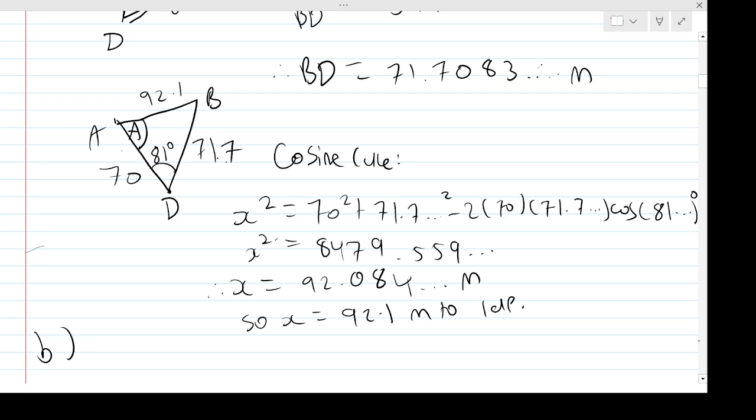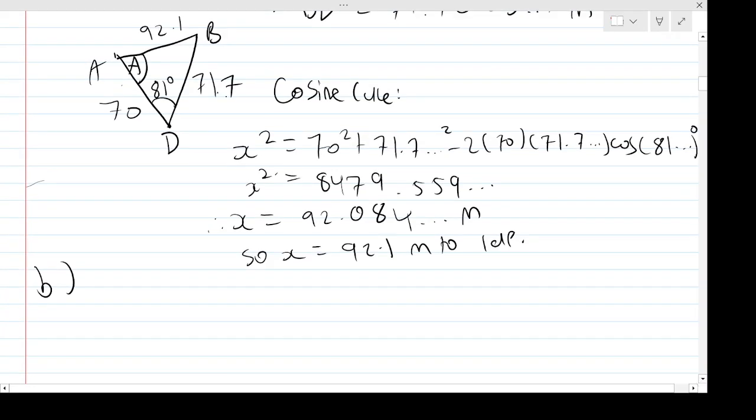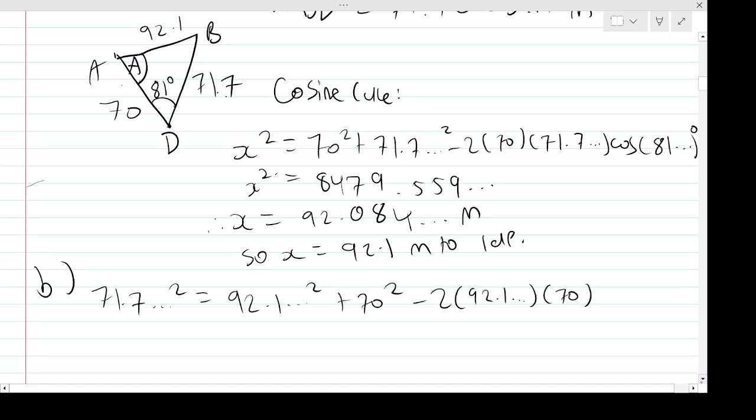But I think I'm going to use the cosine rule because I've already dealt with the three sides, so I can use the three sides and then work out the missing angle A. As the angle A here is facing the side 71.7, I'm going to say that 71.7 squared is going to equal the other sides all squared, 92.1 add the 70 squared, minus 2 lots of 92.1 times 70, cosine of A.